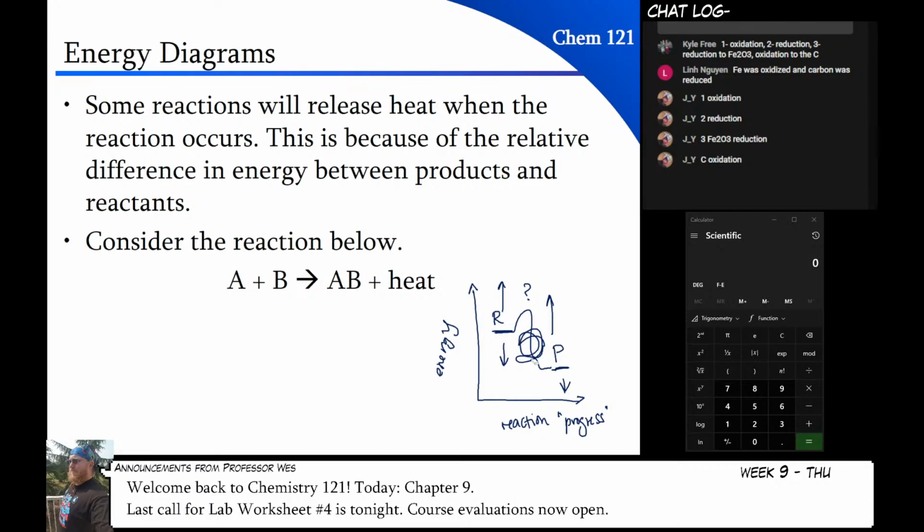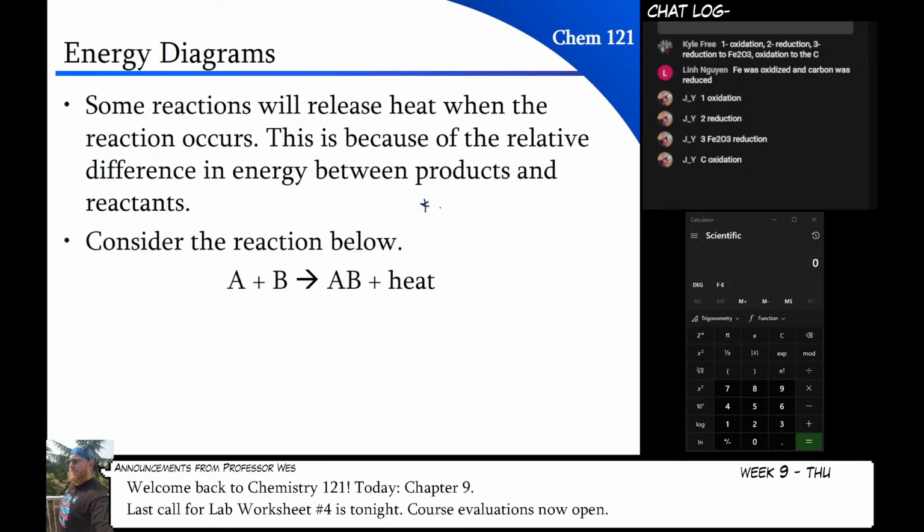Now, obviously, I'm just drawing a random squiggle there. But our curve is going to depend on the nature of the reaction as written. Importantly, it's crucial to distinguish that all reactions will have an activation energy.